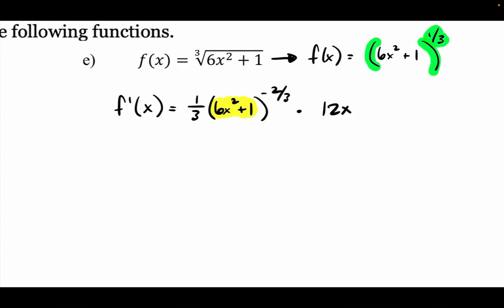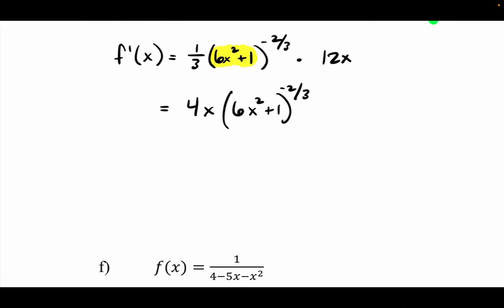Last thing you're going to do, I'm going to multiply 1/3 times 12x, which is just dividing by 3. If you multiply by 1/3, you're just dividing by 3. So that's going to be 4x. So it's going to be 4x times 6x squared plus 1 to the -2/3 power.